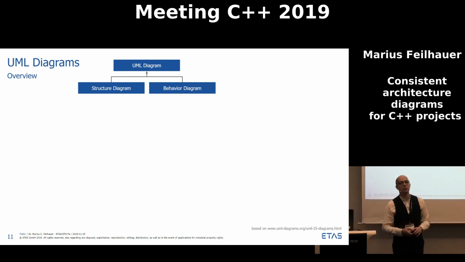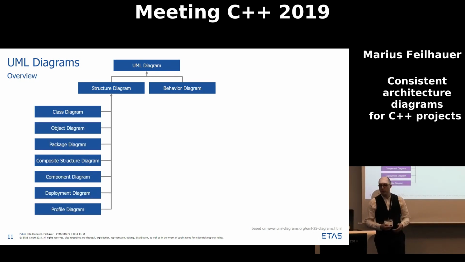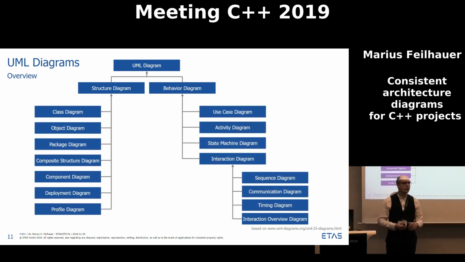How is someone interacting with our program or library? There are many diagrams below this structure. You've probably stumbled across many class diagrams also during this conference already. Deployment diagrams might be useful to express what is running where in the end.